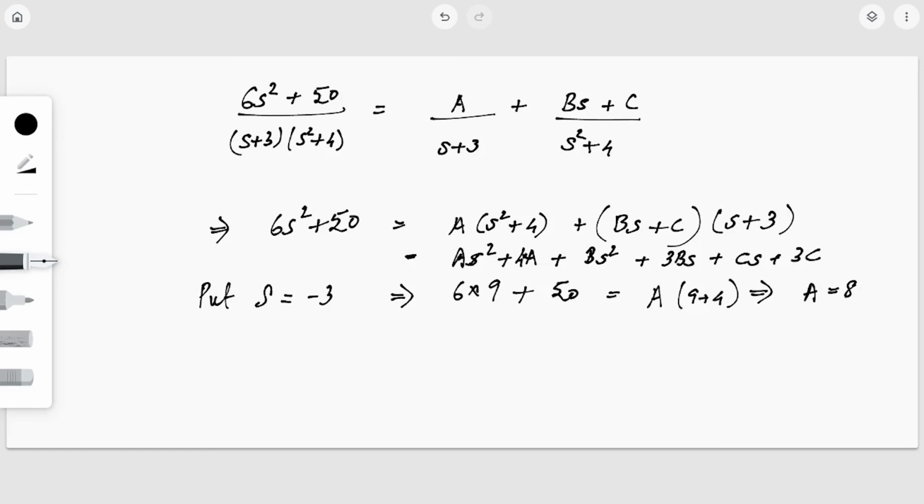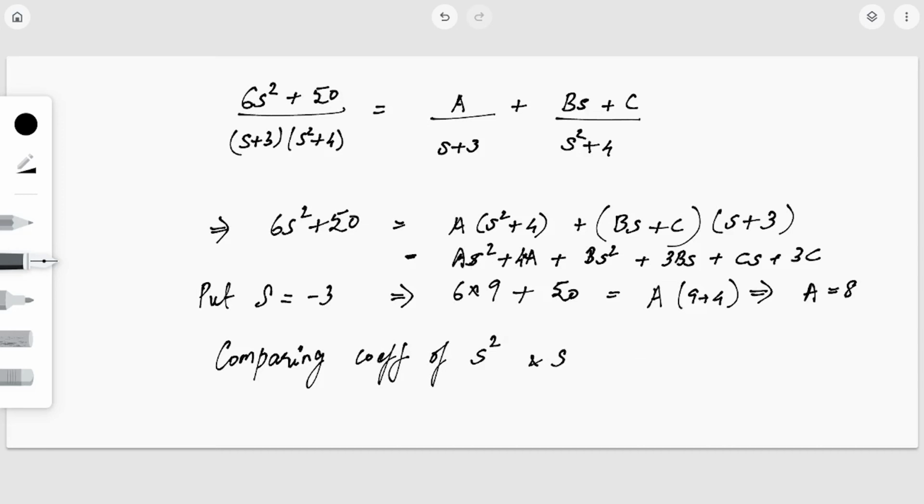Okay, then what I do is I compare the coefficients of s² and s. What do I get?